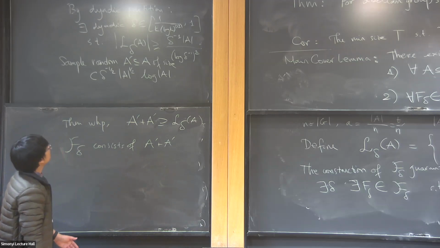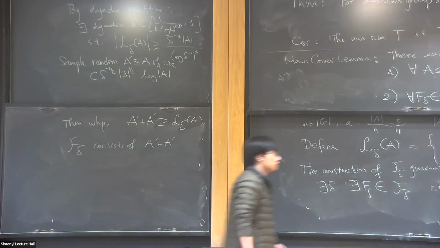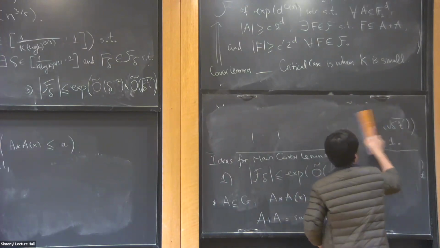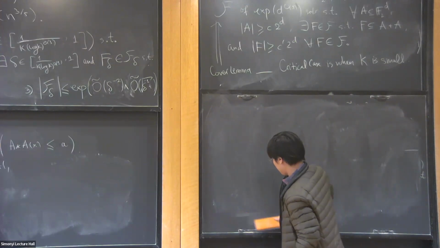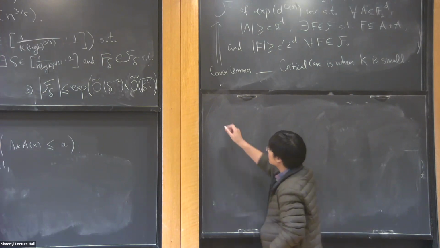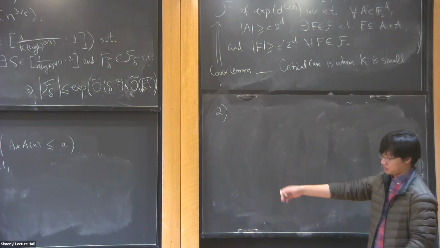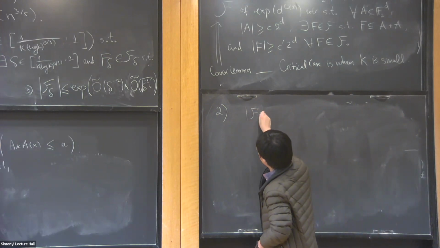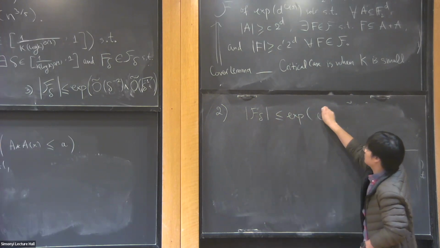Okay, so if that is okay, I will move now to the other case. So in the second case, we want to produce a cover F delta with similar properties, but now we want our collection F delta to be bounded above by this other bound.